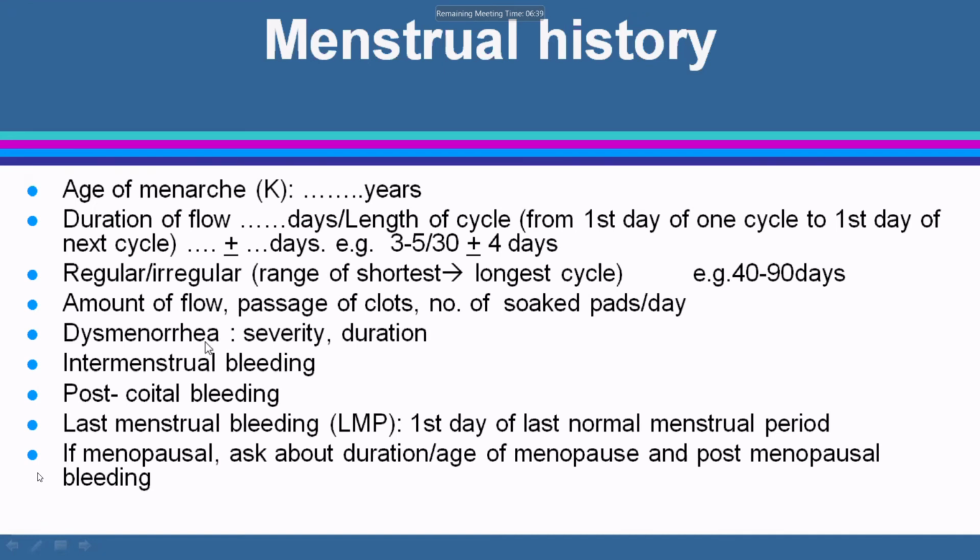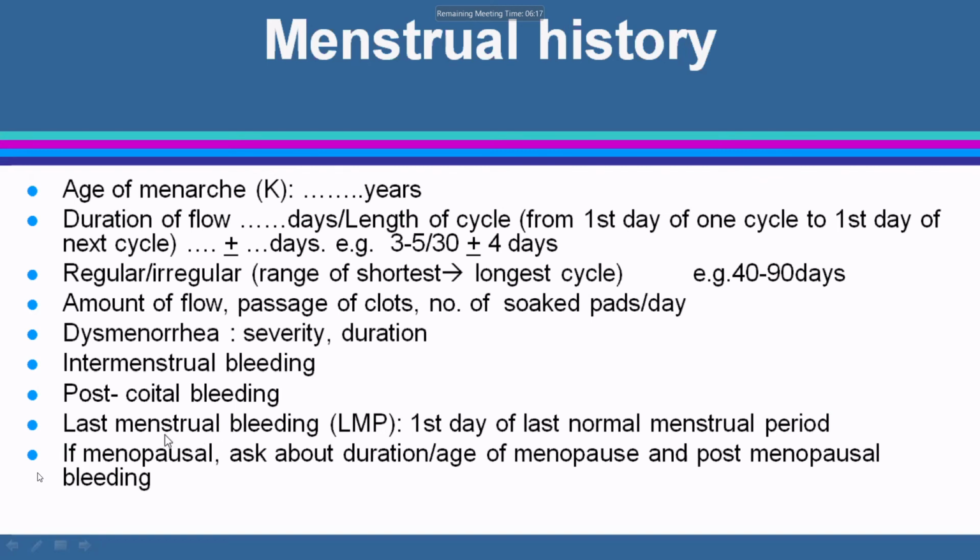Dysmenorrhea is painful menstruation. Okay? And intermenstrual bleeding means bleeding in between two menstrual periods. And postcoital bleeding means bleeding after sexual contact. Okay, that also should be asked and mentioned because it can denote serious diseases.